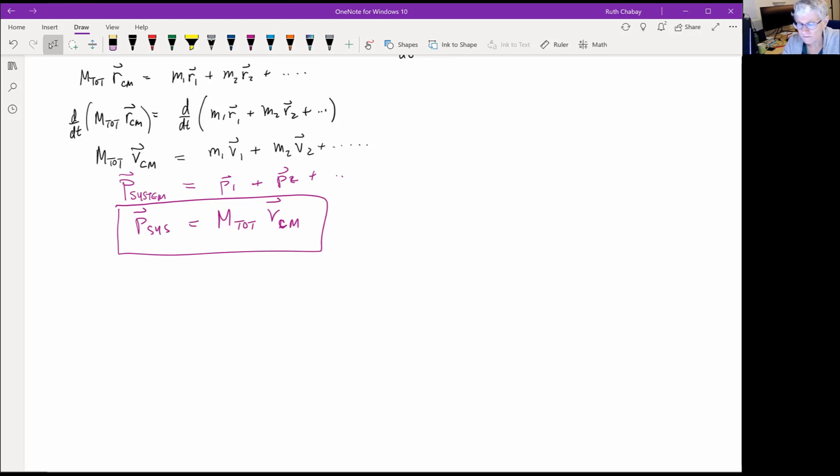Well, we know that kinetic energy, for speeds small compared to the speed of light, is a half mv squared, and it's also equal to the square of the magnitude of the momentum over 2m.